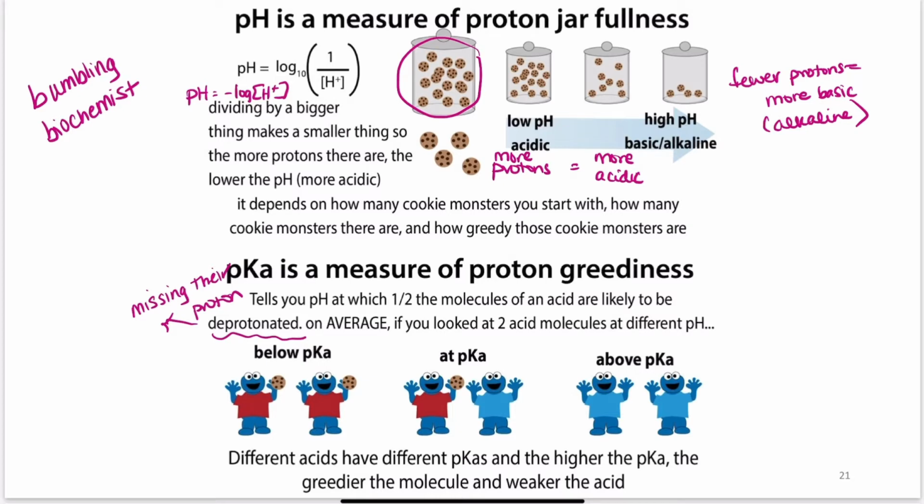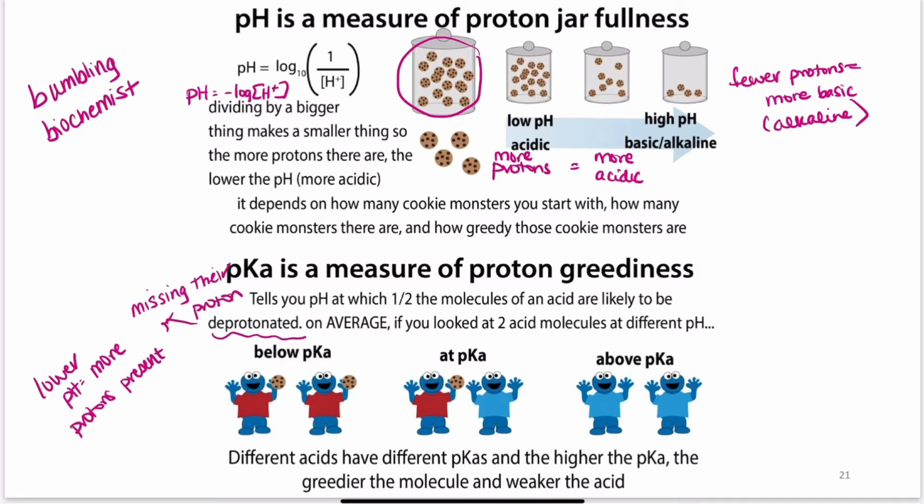If you're at their pKa value, then one of them will have a proton, one will not. If you're above their pKa value, neither one will have protons. Why? Because at lower pH, there's more protons present. It's more protons to go around.